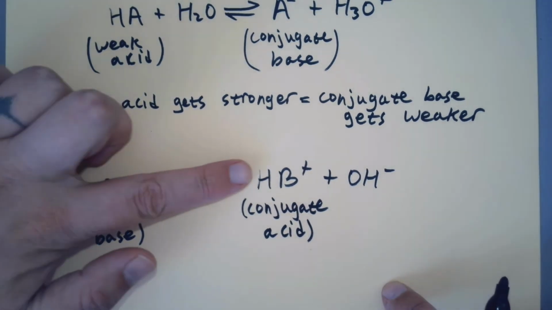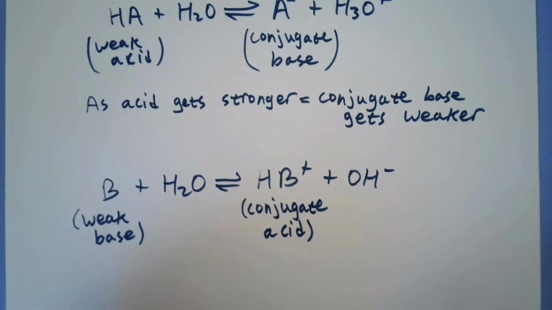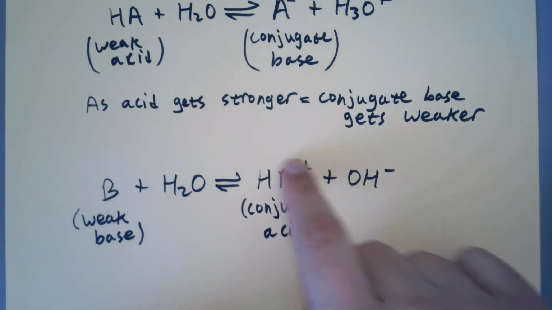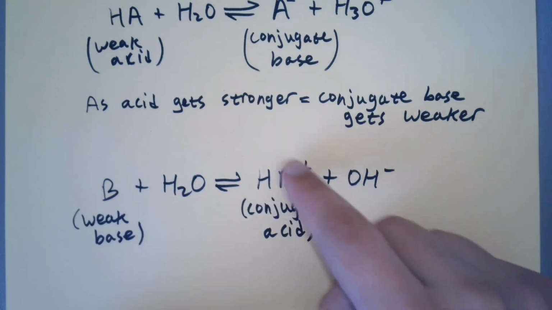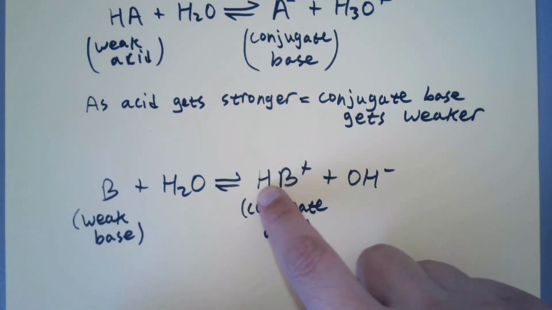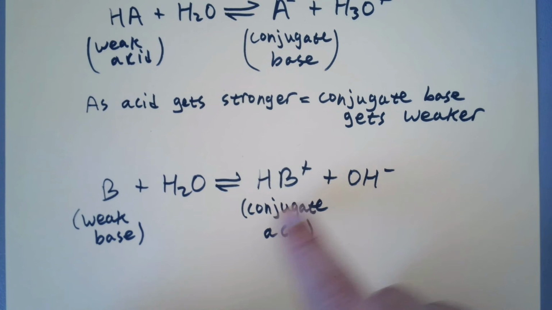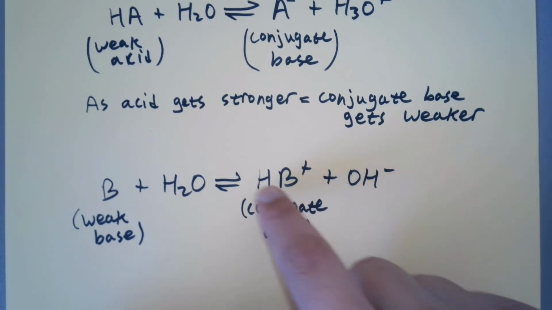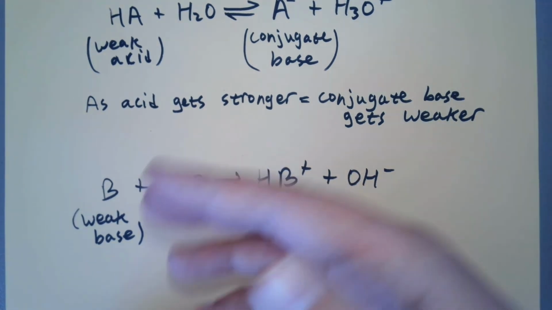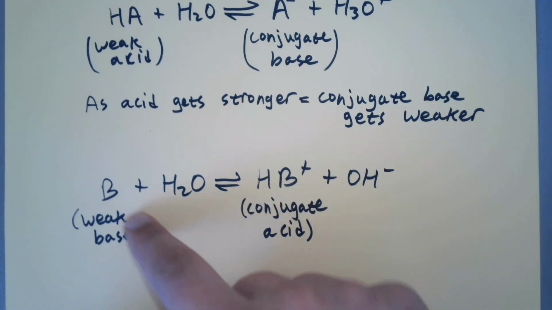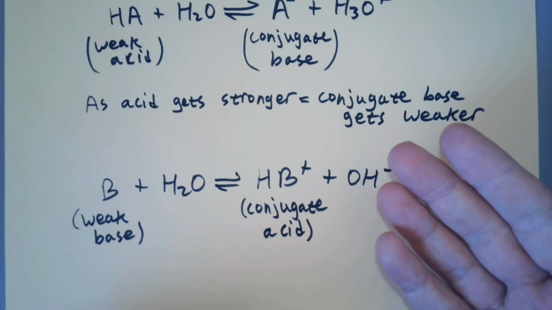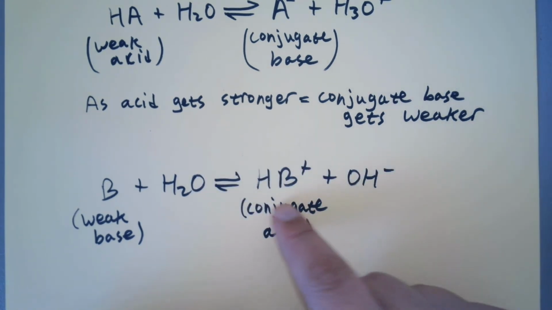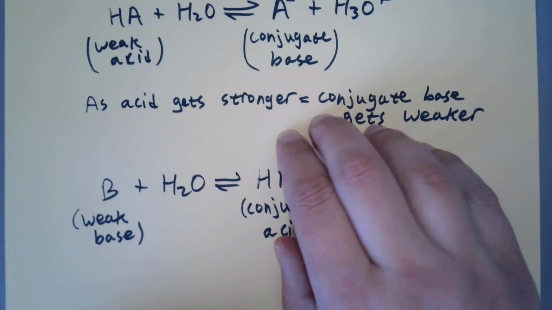Our base is absorbing an H plus. It's taking it from water, making OH minus, giving us HB plus. Now that's the forward reaction. If we look at the reverse reaction, HB plus is going to donate an H plus to make water out of OH minus, which means it's releasing an H plus to become just regular old B, which means it's acting as an acid. So we call it a conjugate acid because it's on the product side.